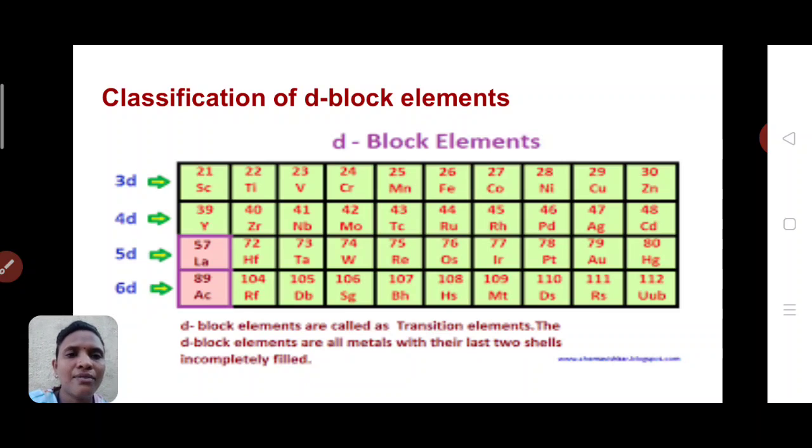The 5D series starts from atomic number 57 and ends at atomic number 80. So when it starts from 57, the second element has atomic number 72. So the elements in between 57 and 72 are written in the 6th period of F block elements.